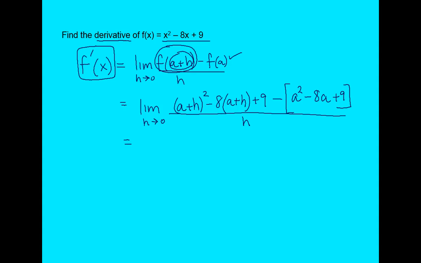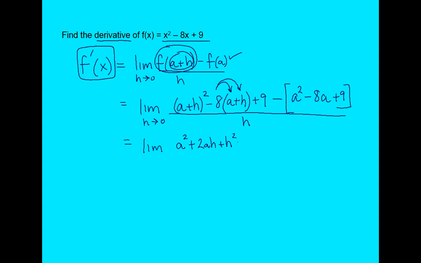Now I want to clean this up a little bit, so I'm going to multiply a plus h squared out. That's a squared plus 2ah plus h squared. Then I'm going to distribute this negative 8.